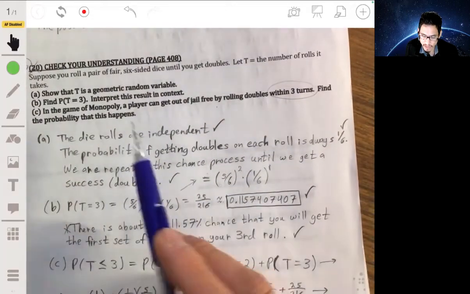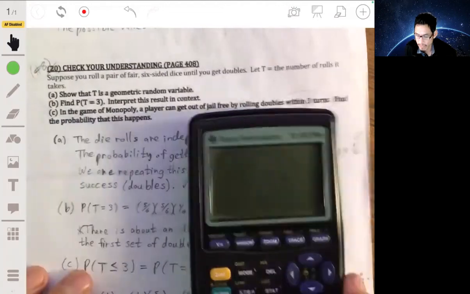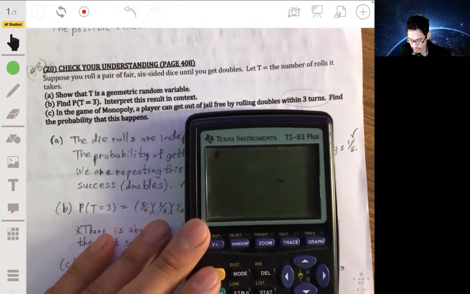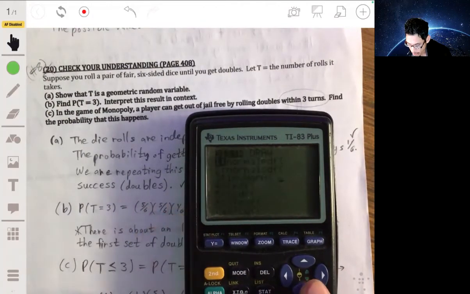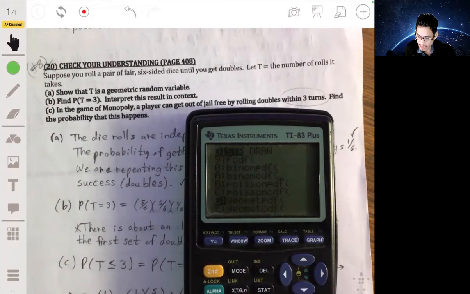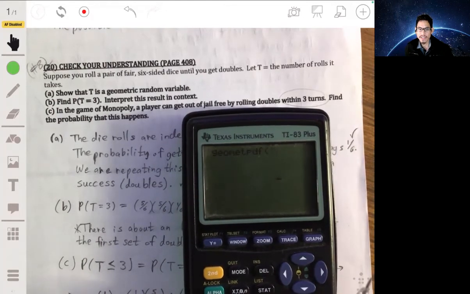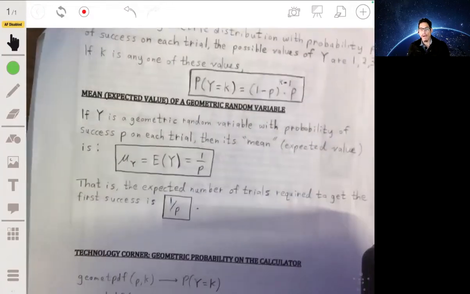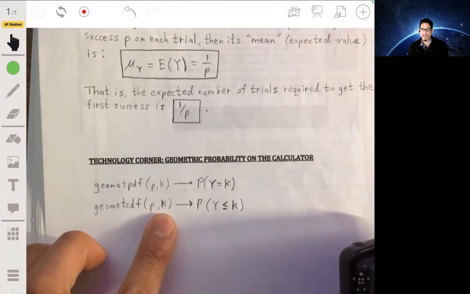If you want to find the probability that t equals 3, we're going to go with the geometric probability function, go into distributions. Remember, I've got the old school calculator, so I'm going to have geometric PDF. In the syntax, you only need 2 values: the probability and the number of trials you want until your first success.